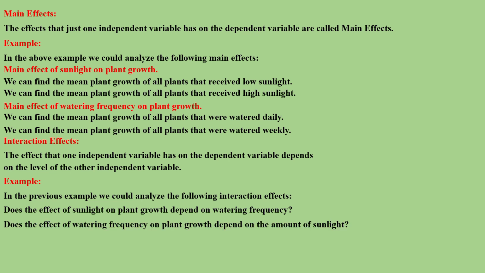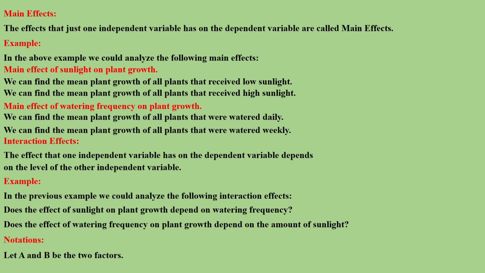Otherwise, the effect of watering frequency on plant growth may depend on the amount of sunlight. So watering, daily or weekly, and sunlight, if it is low then high, what is the effect, what is the yield? So this is the interaction between two independent variables, right? One independent variable is sunlight, another independent variable is watering. So we are looking at the interaction between two independent variables.